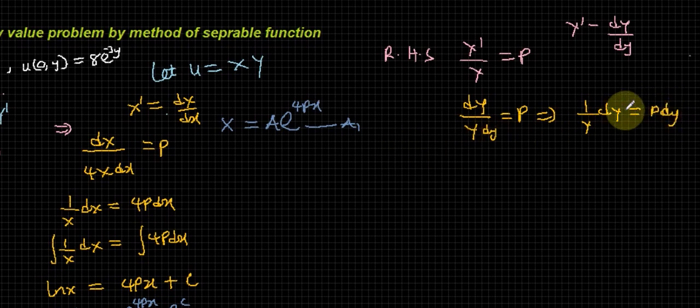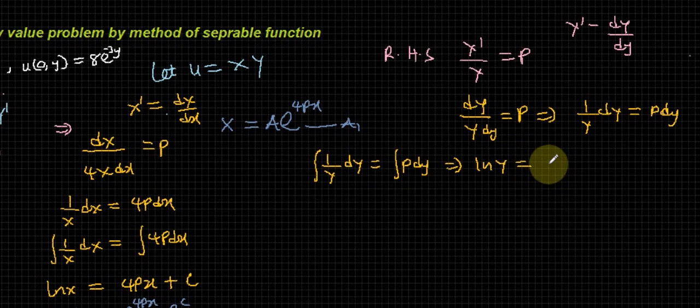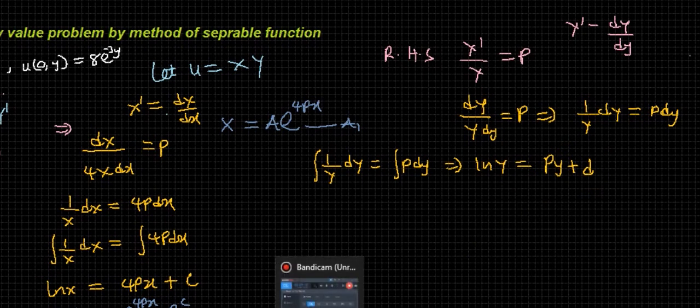Integrating both sides, we have the integral of 1 over Y dY equal to the integral of p dy. So ln Y is equal to py plus a constant, let's call it constant d.